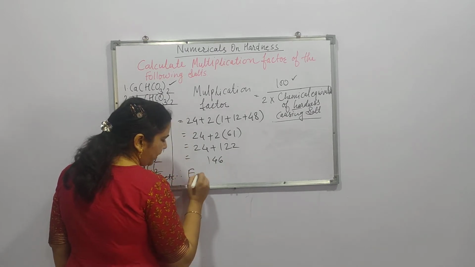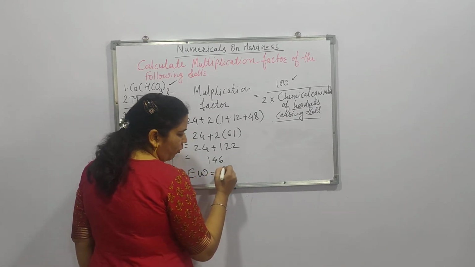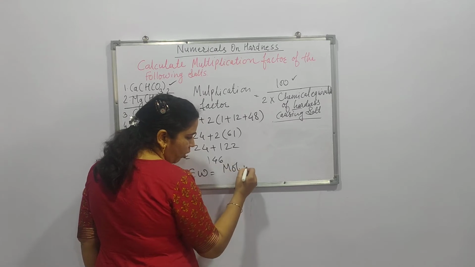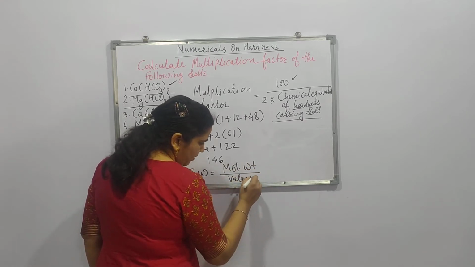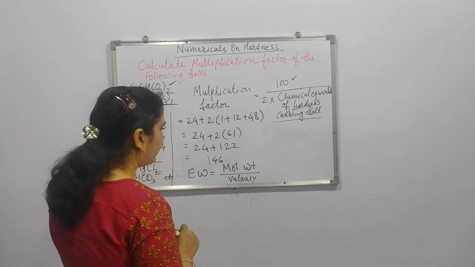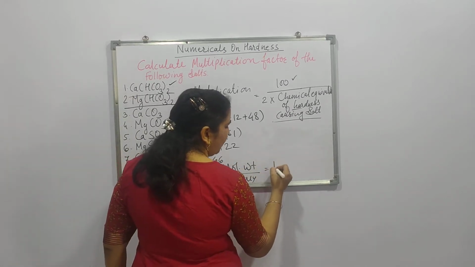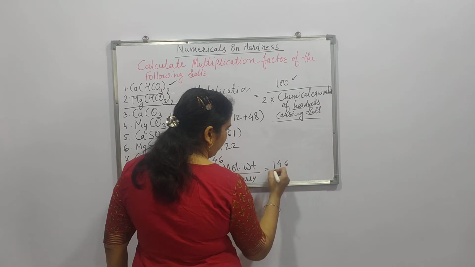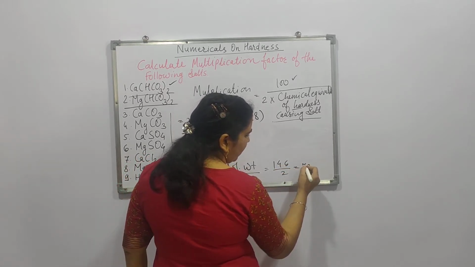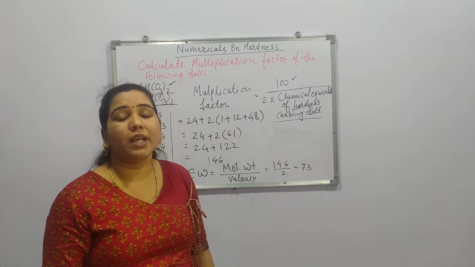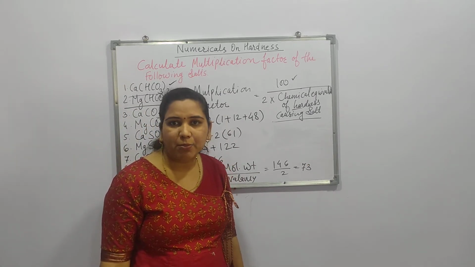The equivalent weight is equal to molecular weight upon valency of the central metal ion. That is 146 upon 2, which is 73. So 73 is the equivalent weight of magnesium bicarbonate.